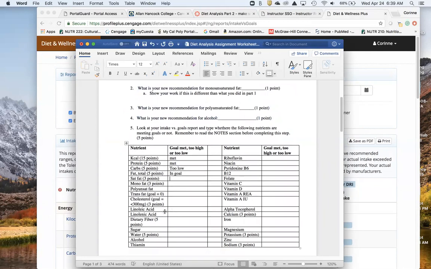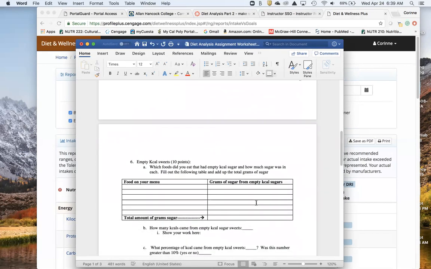Some of the things on here you don't get points for, but it still wants you to answer if they were too high or too low. Like my calcium I met, my potassium was too low, my sodium was too high, my water I met, my fiber I met. As you fill this in, you're going to start seeing where you're getting points and where you're losing points. So this should be turned in too.